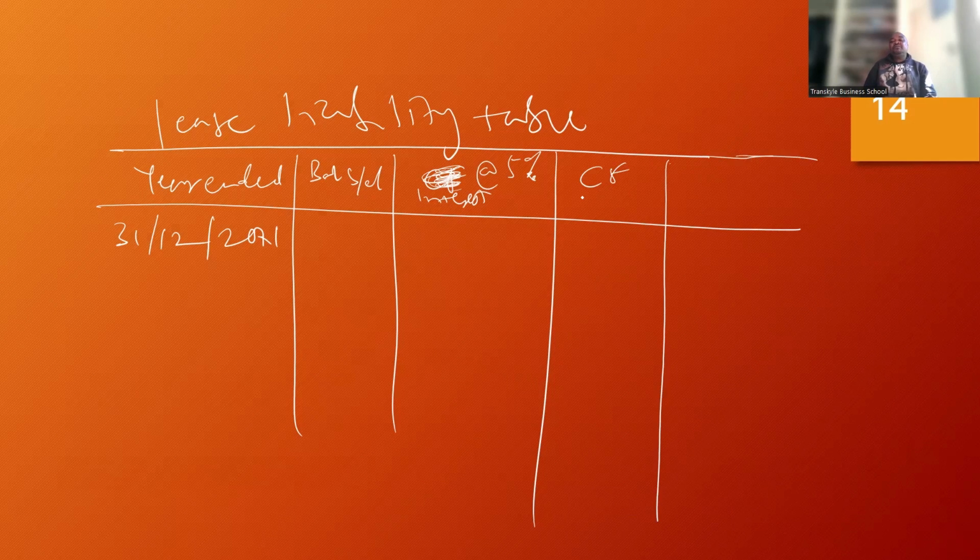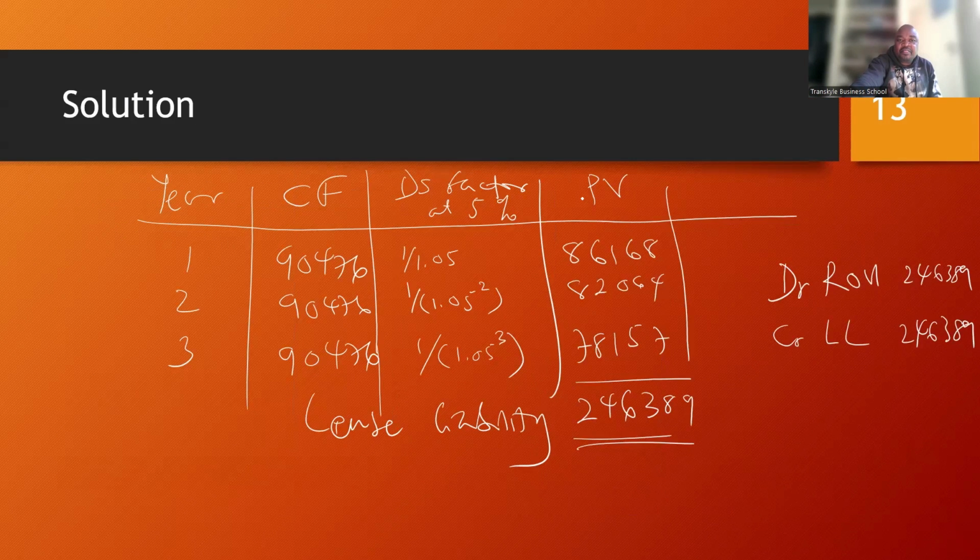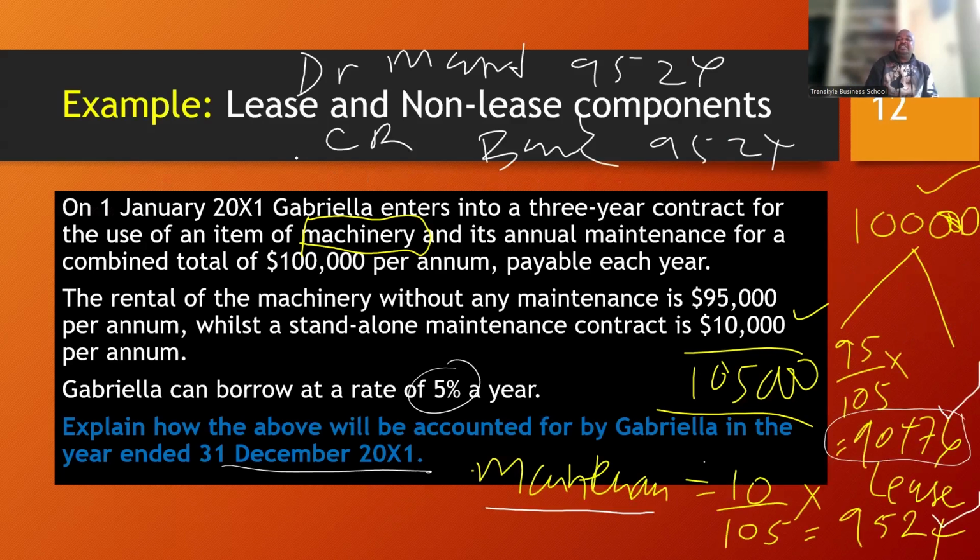These cash flows are the rentals, the actual rentals, which the lessee will be paying, and these have been determined in these amounts we are talking about. We did determine them initially here.